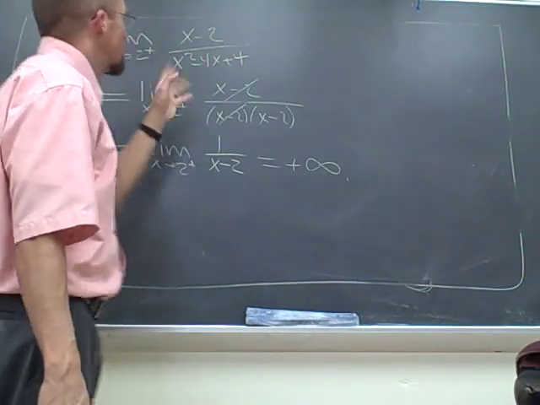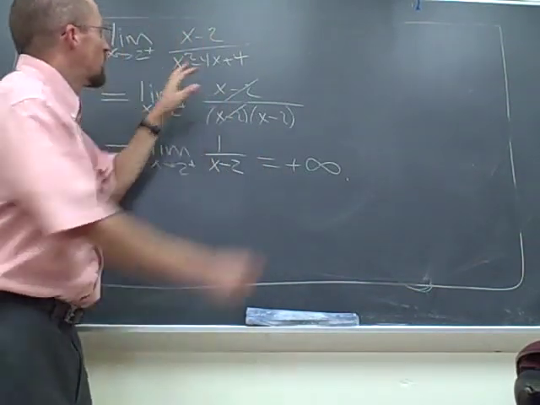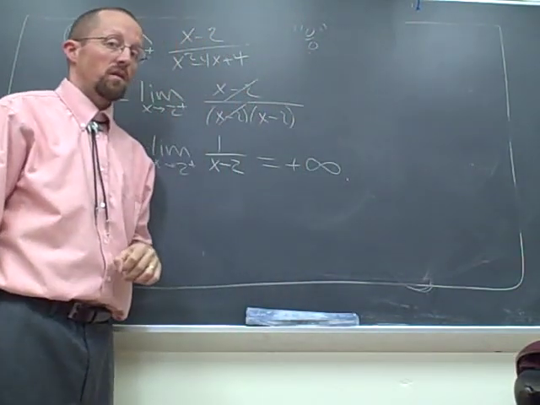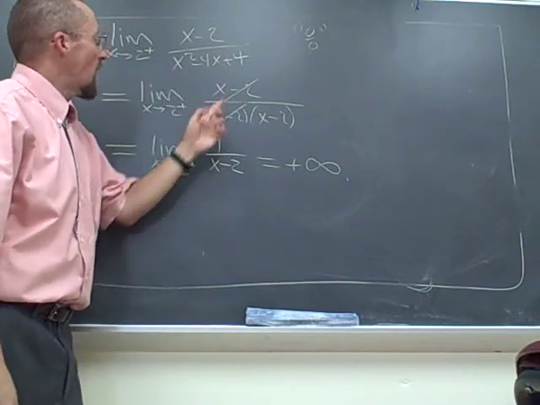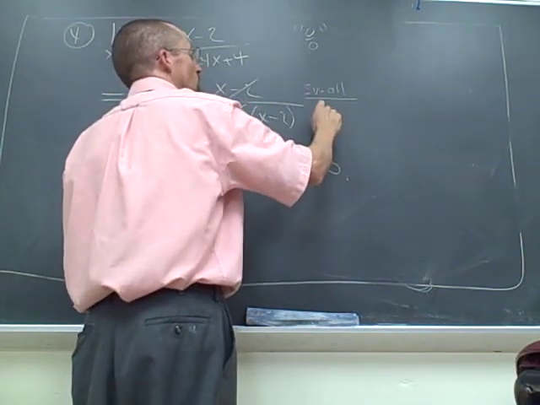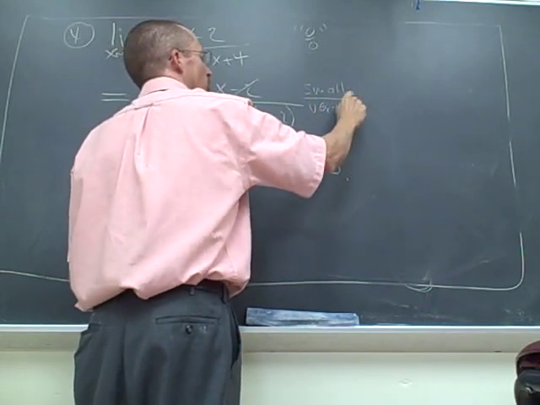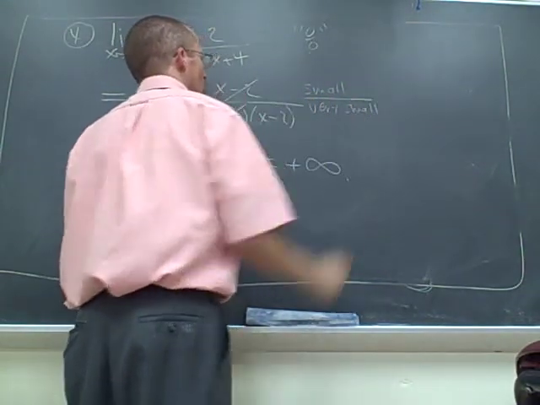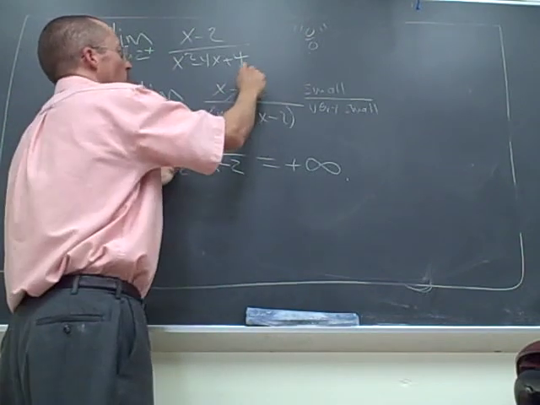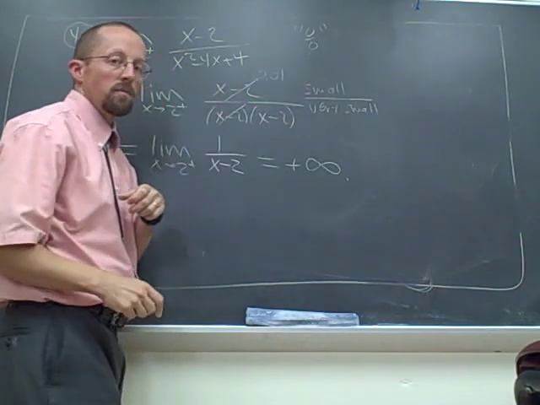So you shouldn't interpret the 3-part test as saying, in the 0 over 0 case, I will never get infinity. That's not true. What's happening here is exactly the kind of case I alluded to a few minutes ago, where it's small over very small. X minus 2, if x is a little bit bigger than 2, say it's 2.01, this is going to be 0.01.